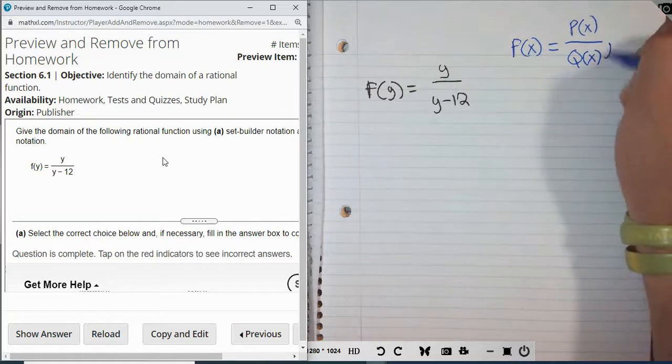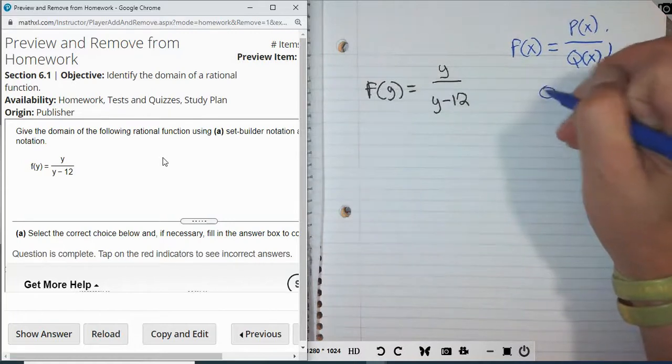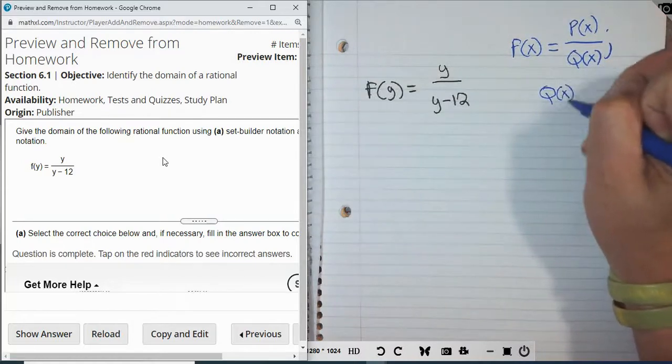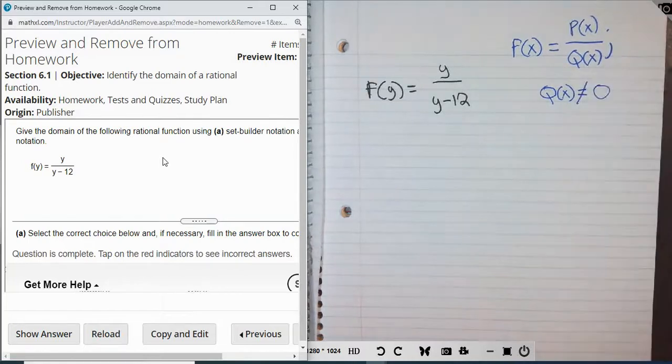And remember that this particular definition had the additional statement that q of x cannot equal 0. The function in the denominator here cannot equal 0, because if that were the case, we would have division by 0, which is undefined, remember.